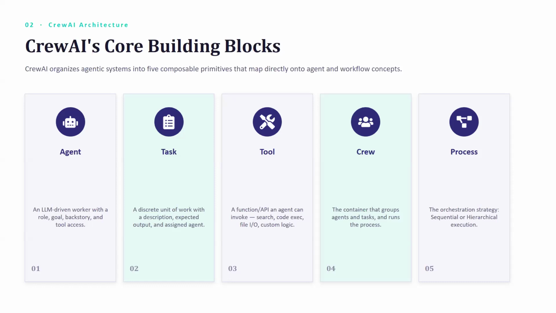Then comes the second building block for CrewAI, which is a task, right? So what task are they going to execute? If you see in the definition, it says a discrete unit of work with a description and expected output. So what task are you going to give to CrewAI? That needs to be detailed out here. You'll give them some descriptions and the output also.